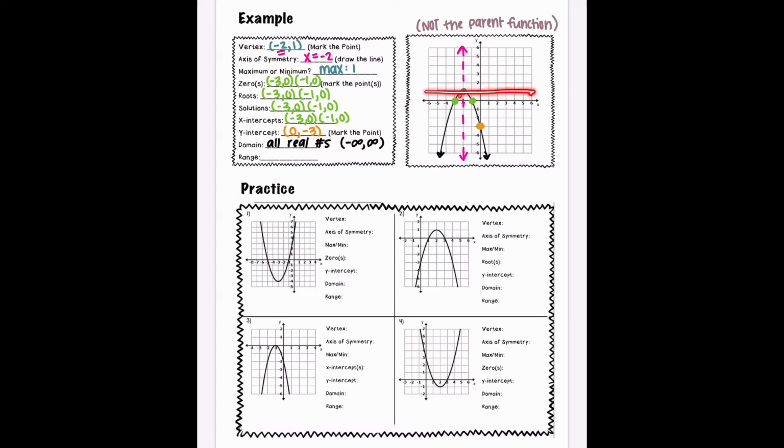Well, remember how I just showed you how the graph is going to continue going down forever and ever. That means that all of the negative numbers, all the way to -infinity, your graph is going to continue going that low. So the range is from -infinity to the maximum, which was 1.